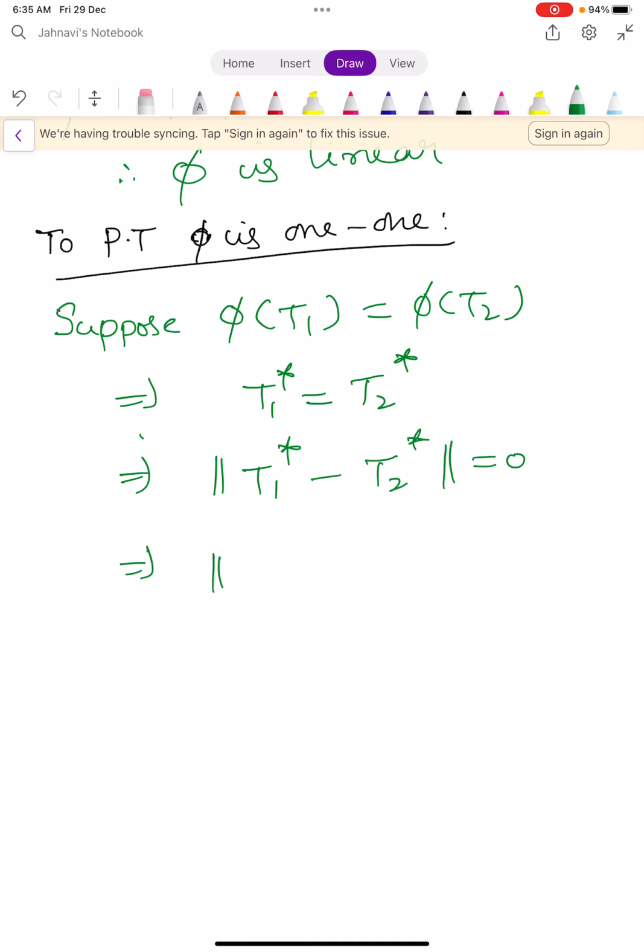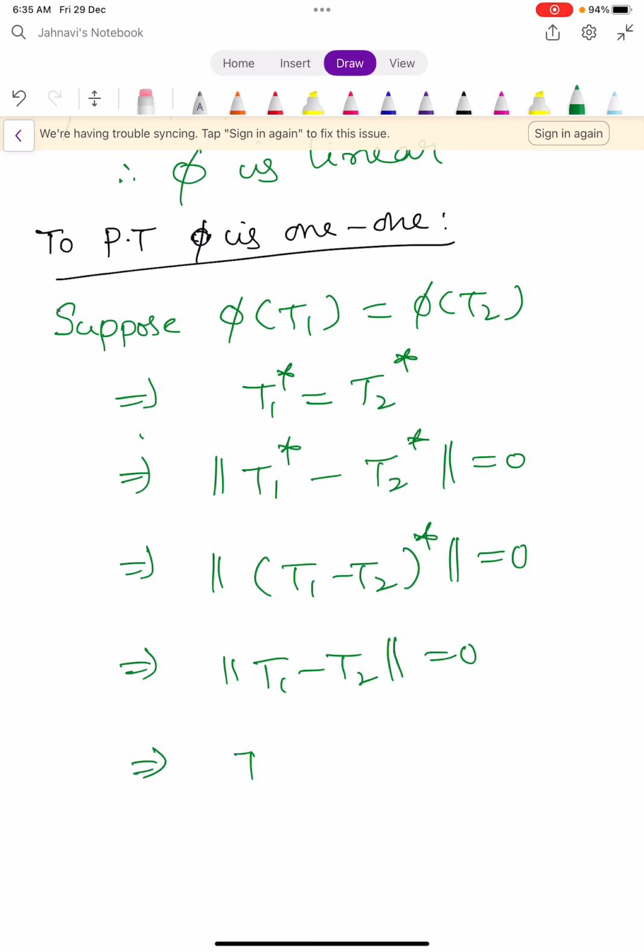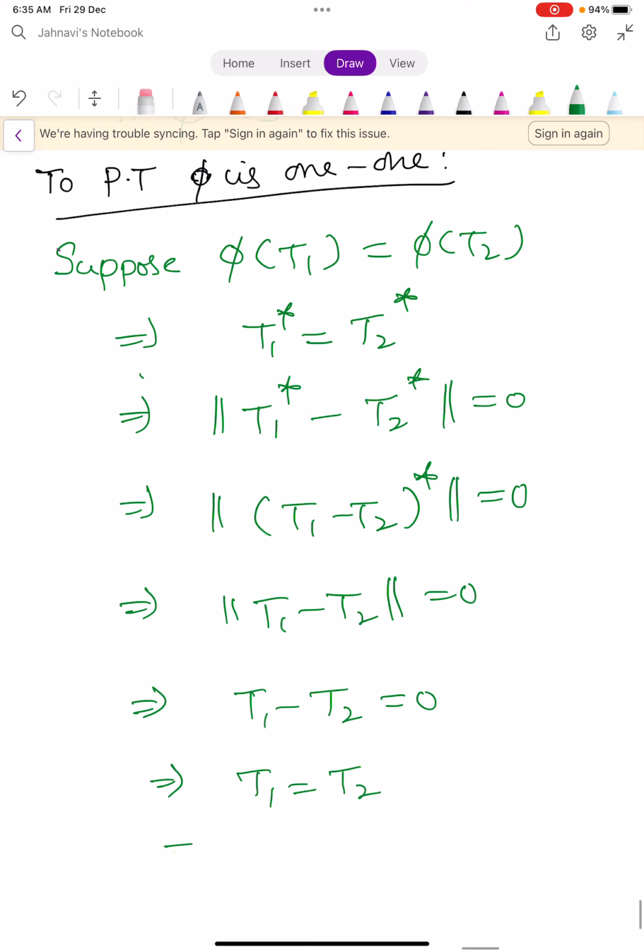Implies norm of (t1 minus t2) star is equal to 0. Implies norm of t1 minus t2 is equal to 0. Implies t1 minus t2 is equal to 0. Implies t1 is equal to t2. So this is the required condition. Am I right? Yes, required condition.